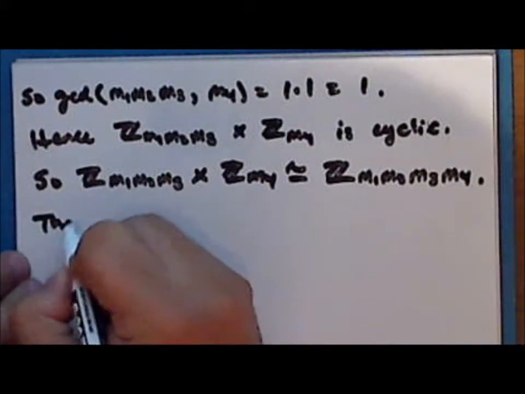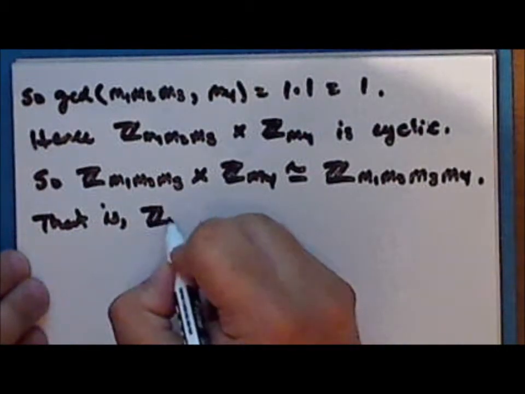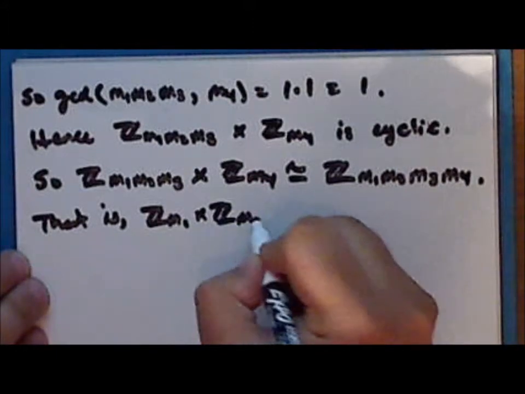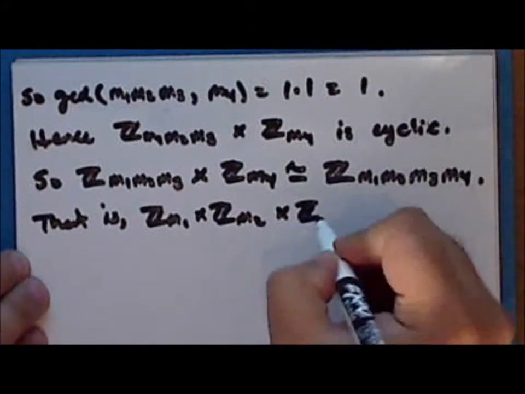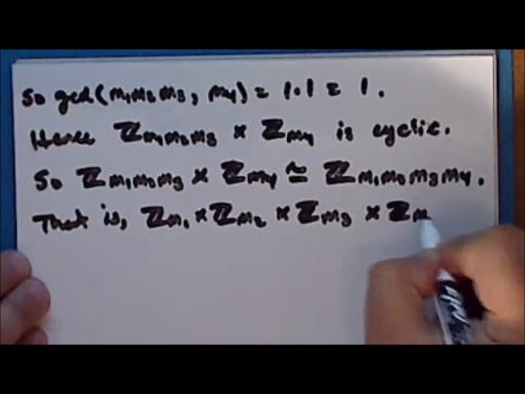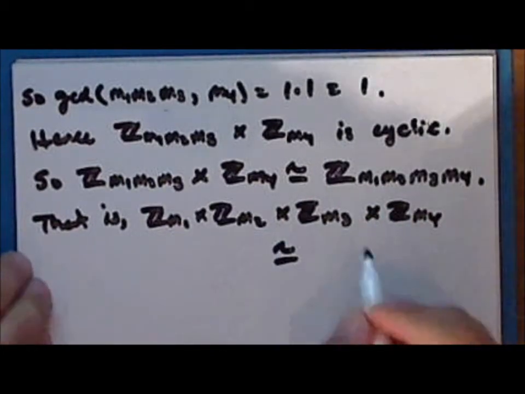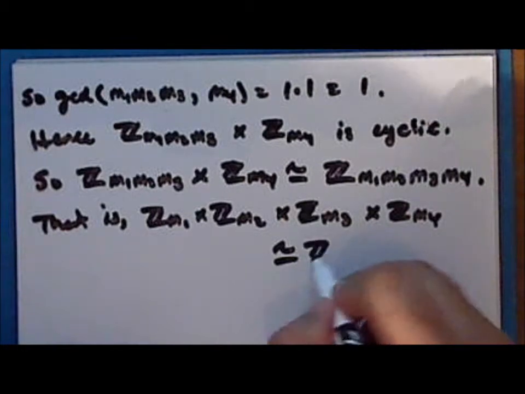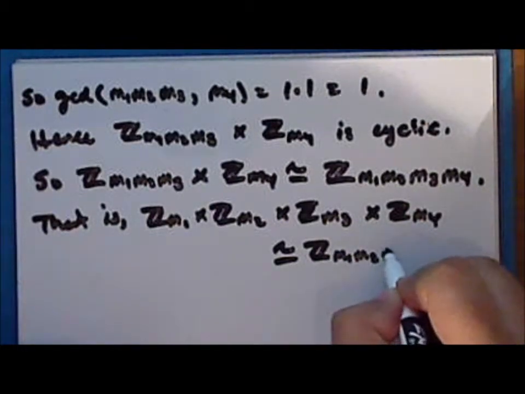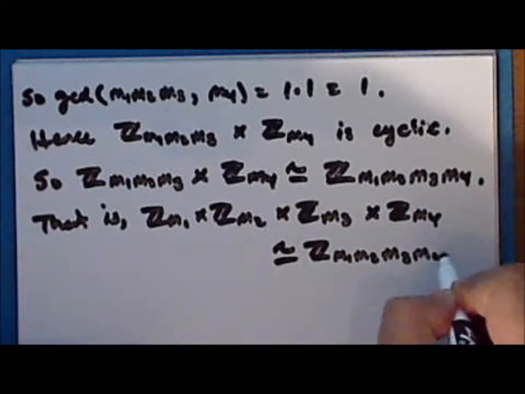That is, the product, the integers modulo m sub 1 times the integers modulo m sub 2 times the integers modulo m sub 3 times the integers modulo m sub 4 is isomorphic to the integers modulo m sub 1 times m sub 2 times m sub 3 times m sub 4.